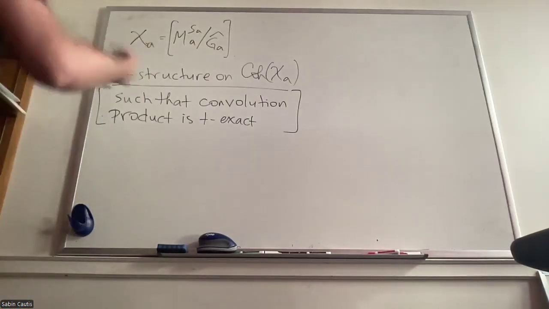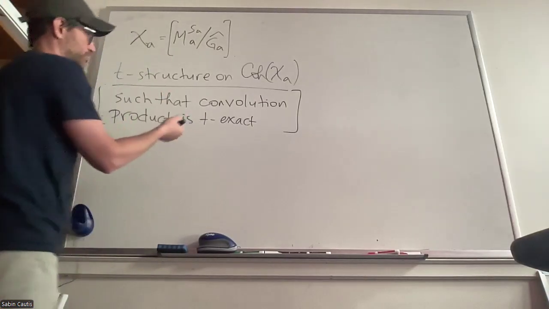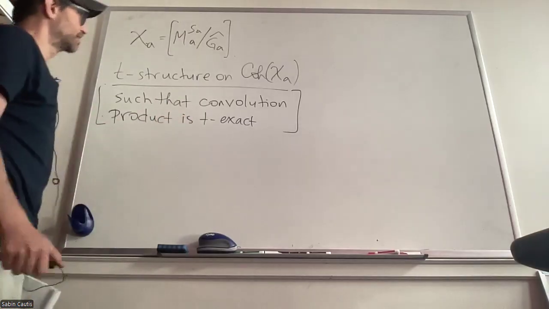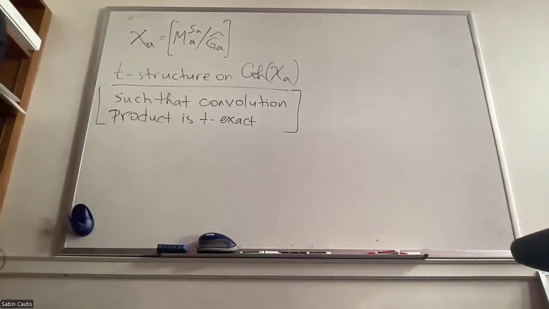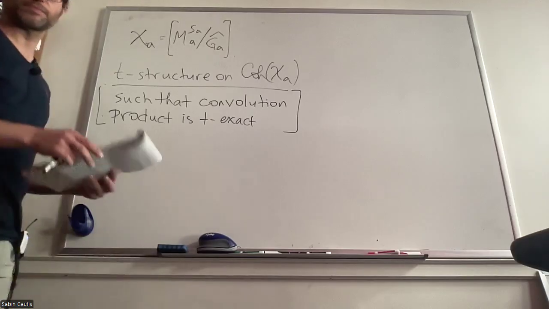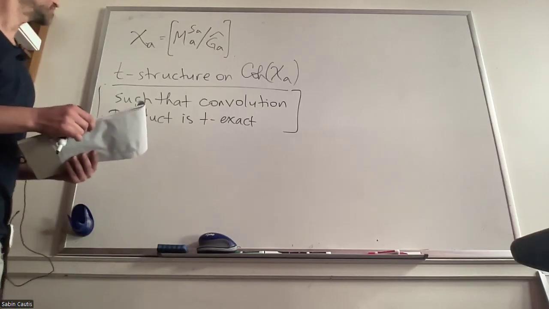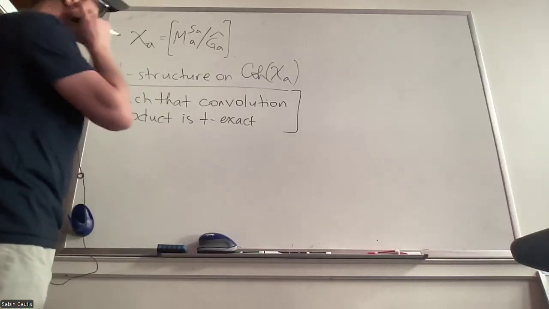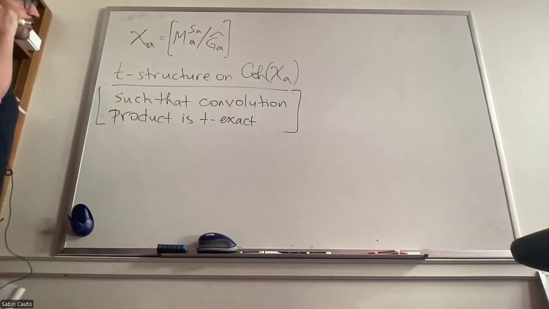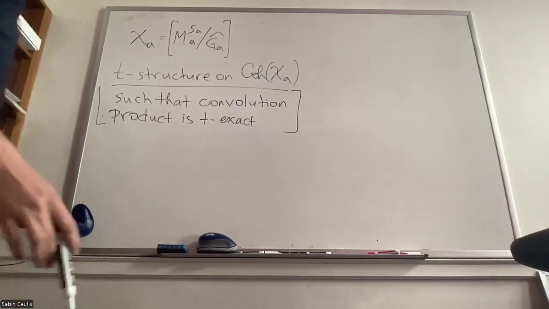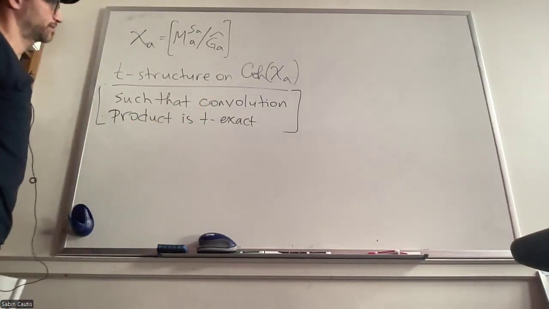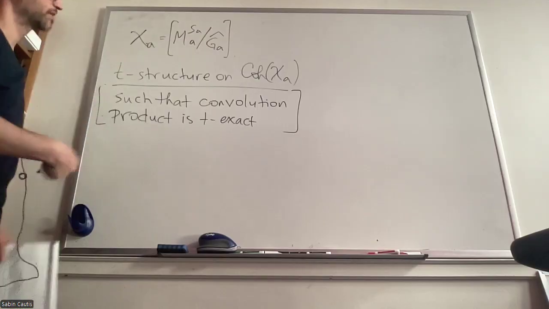So the product should be exact between the hearts of these T structures. Any other questions? We haven't done so many examples of products, but maybe we'll do it tomorrow. But quite quickly you see that if you just take the standard T structure, then the convolution will not preserve the heart.